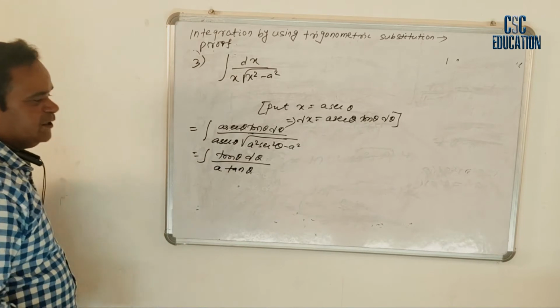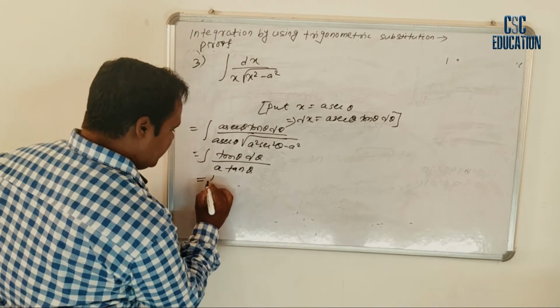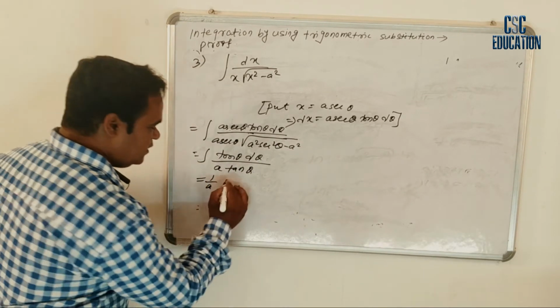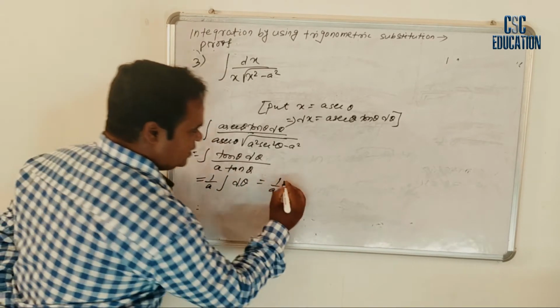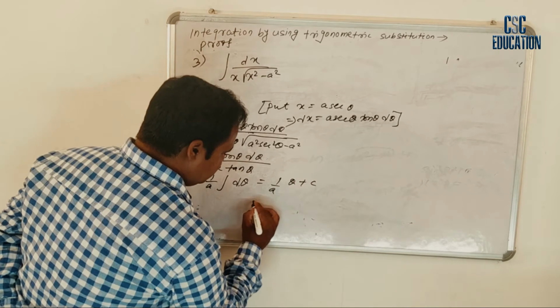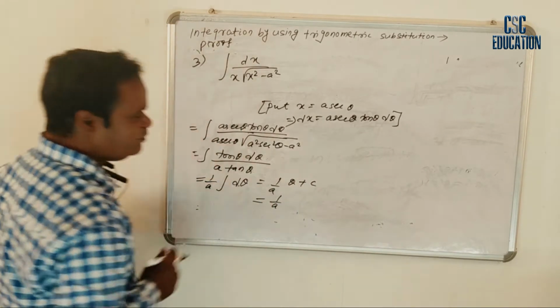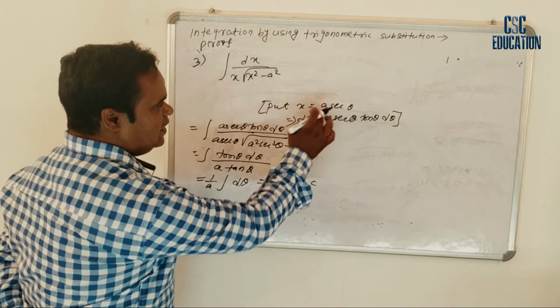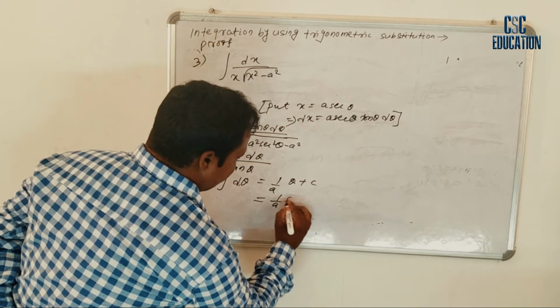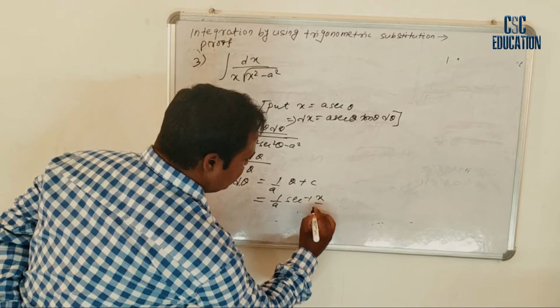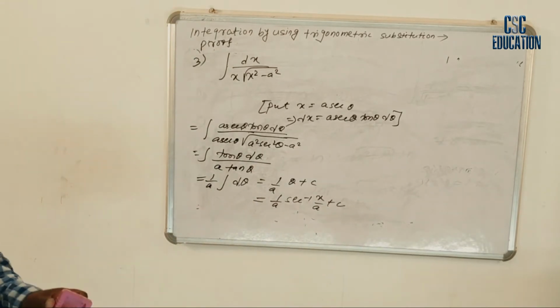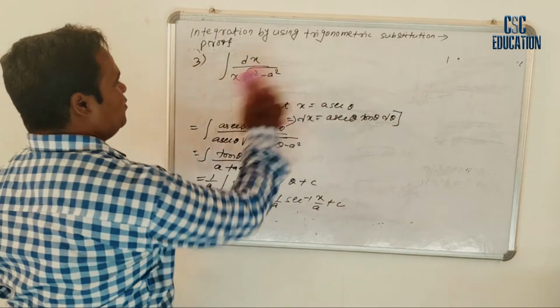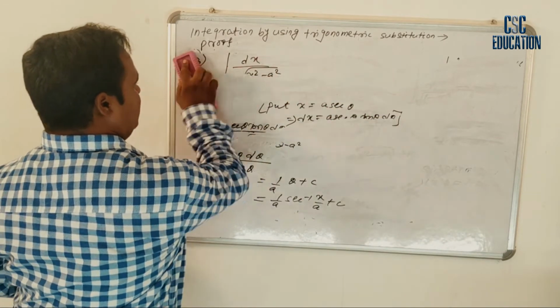Here now tan theta cancels out. So 1 by a is the common constant factor. Now the integration of d theta is theta plus c. This value equals 1 by a theta. Here theta equals sec inverse of x divided by a plus c. Okay, this is the third proof of the formula.